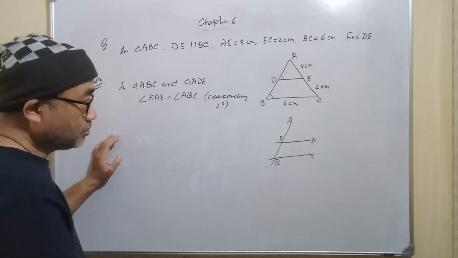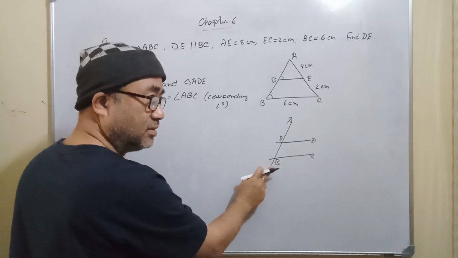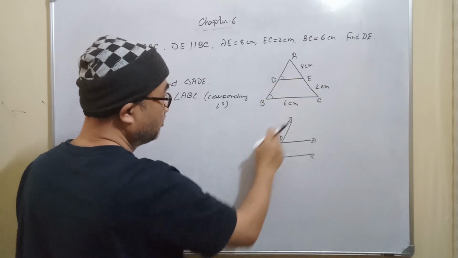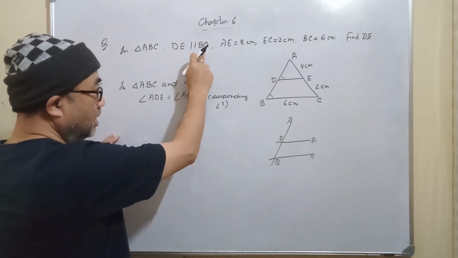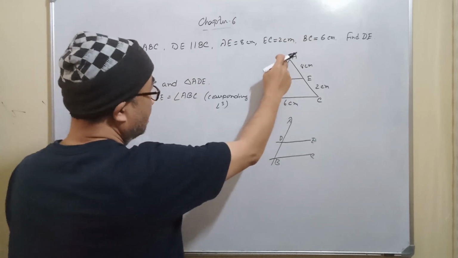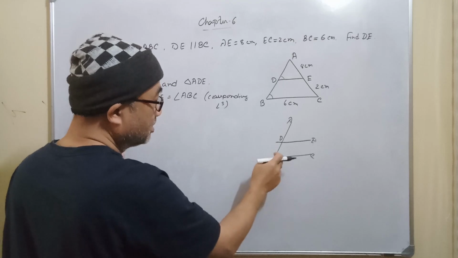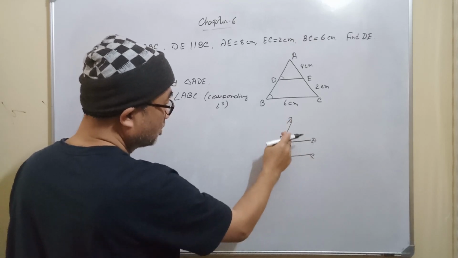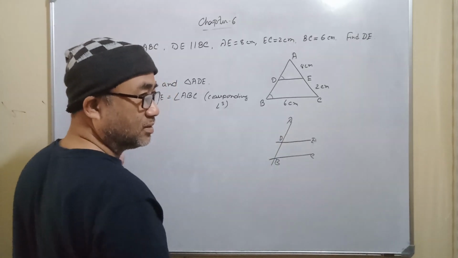How? Because AB acts as the transversal of two parallel lines DE and BC. These two lines are parallel, it is already given. Hence, since AB acts as the transversal that cuts the two parallel lines DE and BC, corresponding angles will be equal.